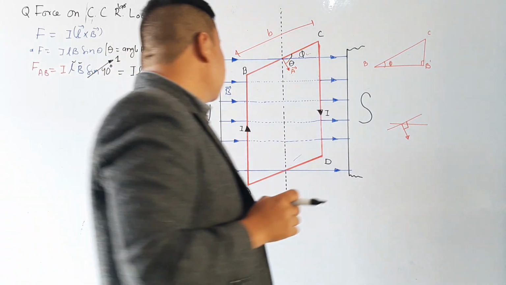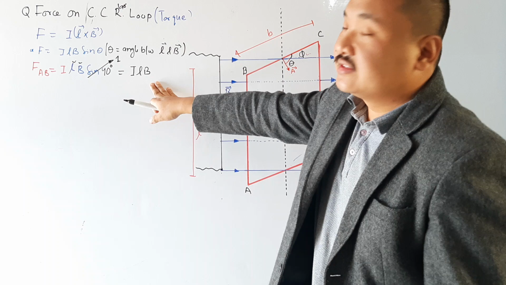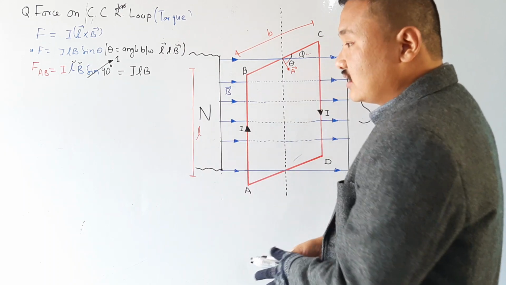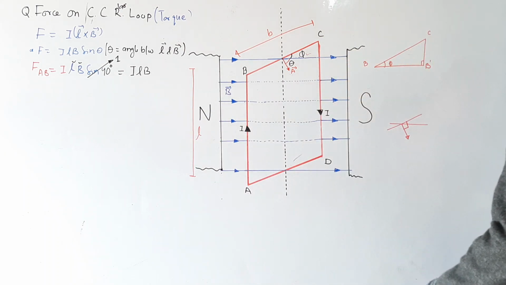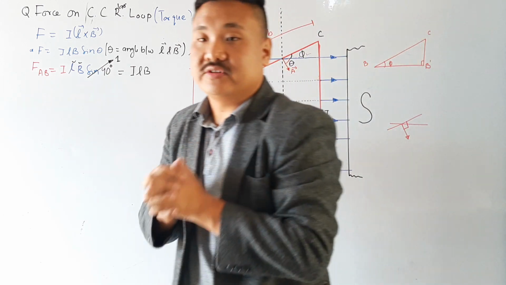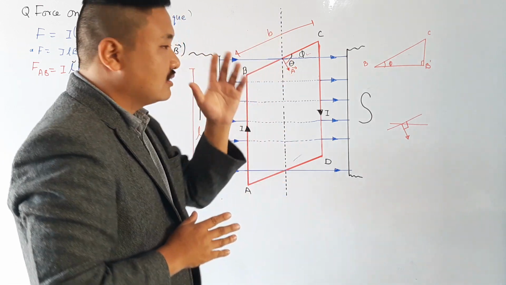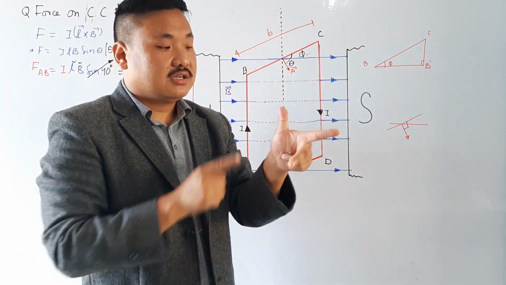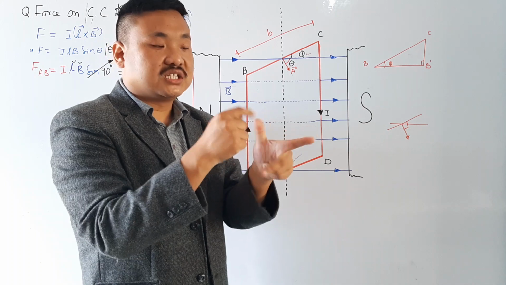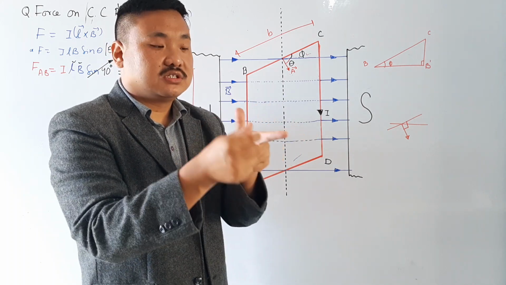This is the force, and let us find the direction of the force, which is given by Fleming's left hand rule. If you see here, this is my Fleming's left hand rule. Father, mother, child: force, current, and magnetic field.